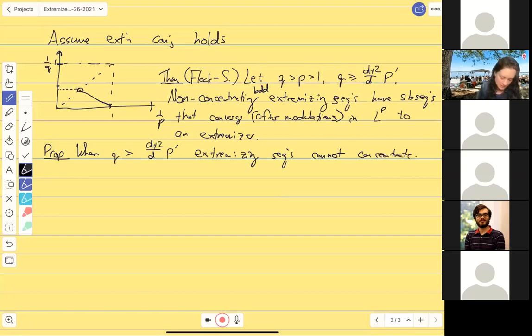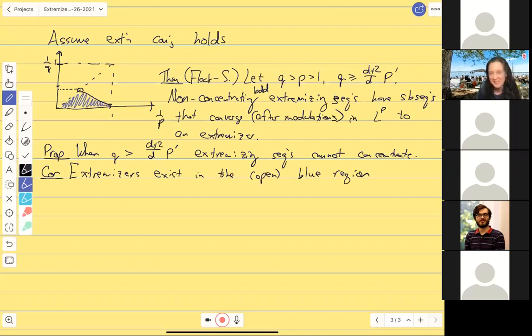And so, as a corollary, extremizers exist in the open blue region drawn here. And so if you look at the picture, this is the sense in which these things are extremizable more often than not, because this blue triangle is bigger than half of the whole trapezoid.